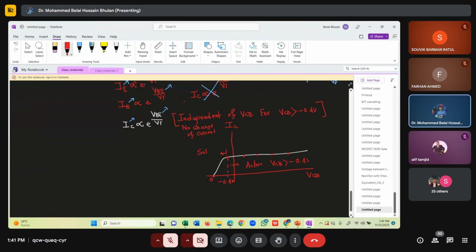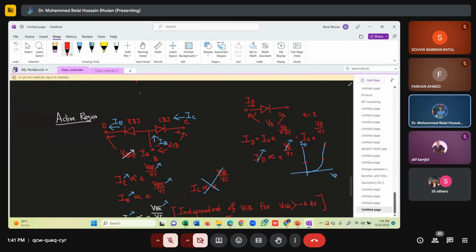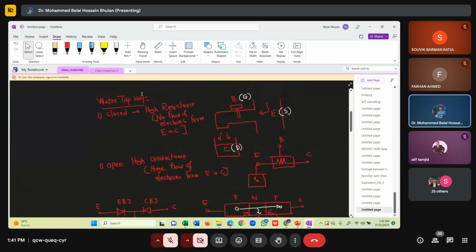So that means everything that is happening is decided by the base to emitter voltage. As I said, this is the key here. Water tap, this is like our VBE. If I change VBE, that goes up and down, thereby changing the resistivity of the region.